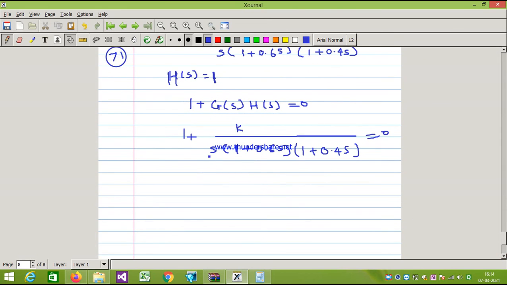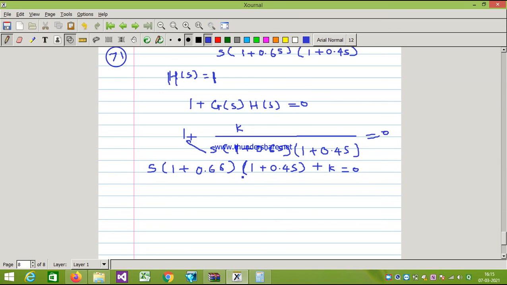Cross multiply this. When we cross multiply this to 1, it becomes s(1 + 0.6s)(1 + 0.4s) plus K is equal to 0, divided by the same term, but that is 0 because when we shift it to the RHS it becomes 0. So this is the equation remaining.